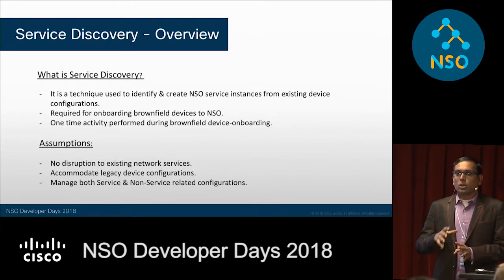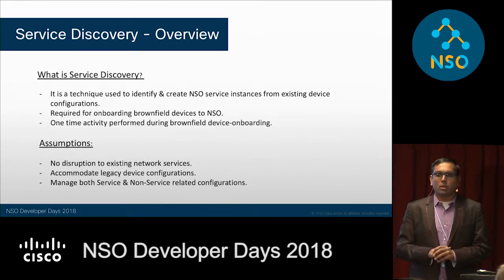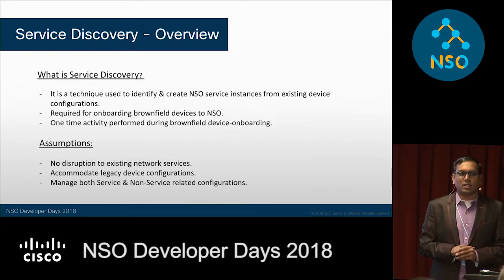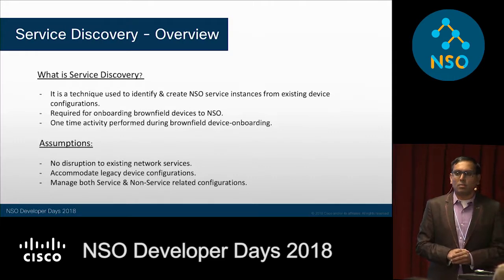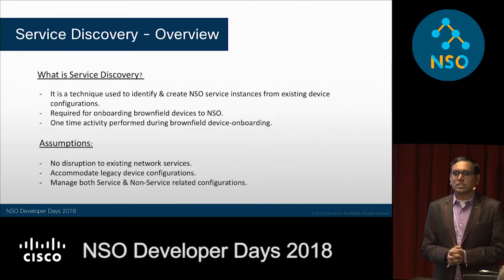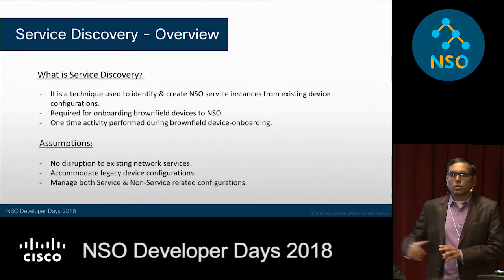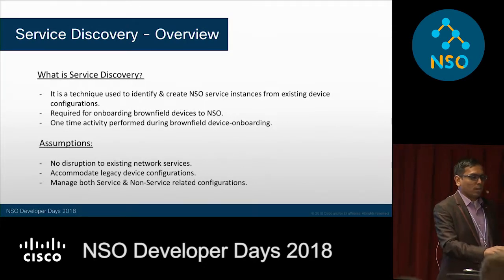We also have to have a way to accommodate both service specific configuration and non-service specific configuration. Some of this has been alleviated by the latest features such as partial sync, wherein we are able to selectively do a sync from over a period of time.